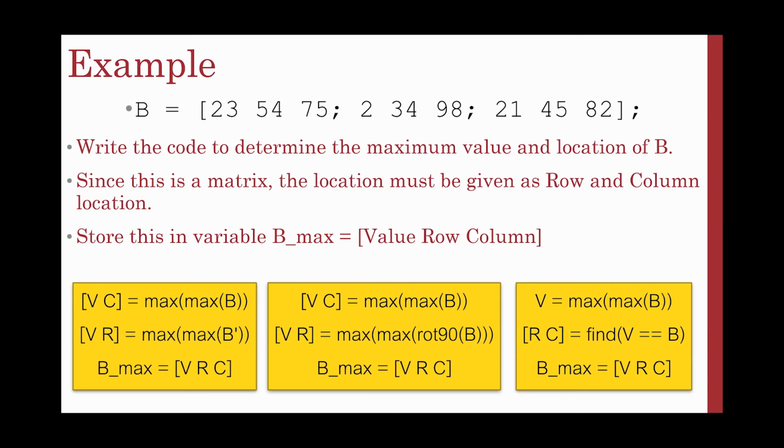But I can say V is the max of B, and then I can ask MATLAB to find the row and column for that value in B. So there are some different ways to do things in MATLAB, and your homework is going to explicitly state which ways to do it, and if it doesn't, feel free to do it whichever way you please.